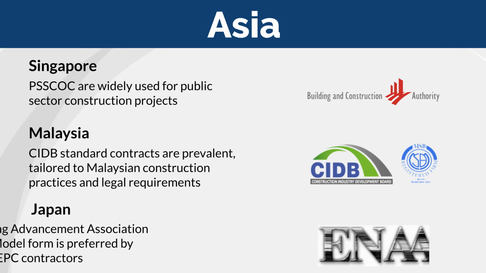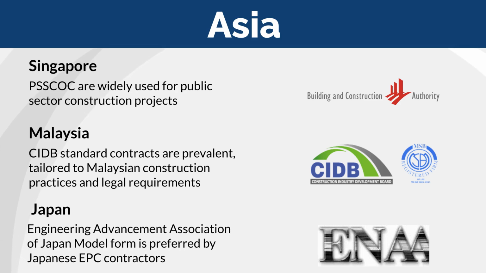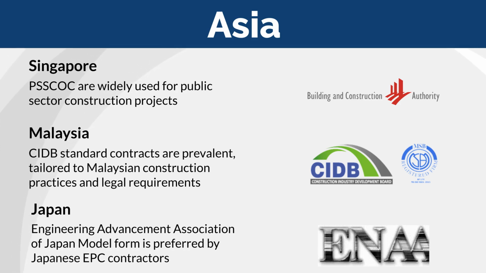And in Japan, the Engineering Advancement Association of Japan model form is preferred by Japanese EPC contractors, especially for process and power plant projects, offering flexibility tailored to these specific project types. Asia's construction contract landscape is characterized by a blend of domestic and international forms, with FIDIC contracts also being commonplace for projects involving international financing or parties.